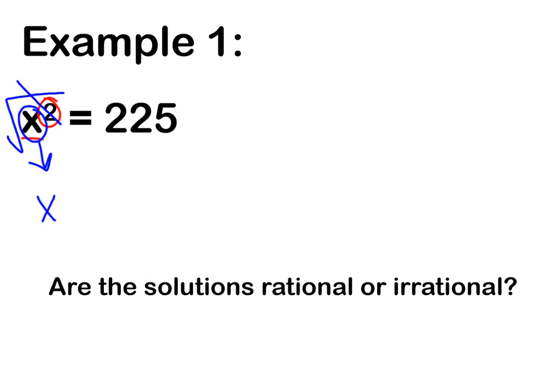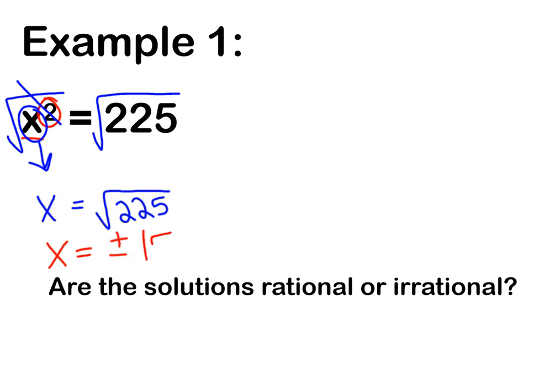In order for me to do this properly in an equation, what I do to one side, I also need to do to the other side. So this equals the square root of 225. We should be recognizing that as a perfect square root. So x is actually going to equal the positive and negative of 15.